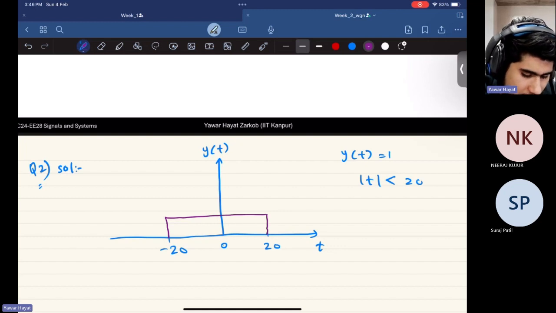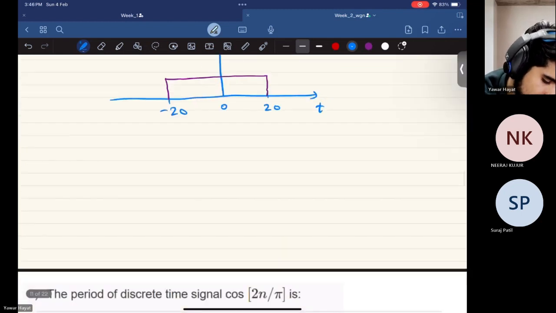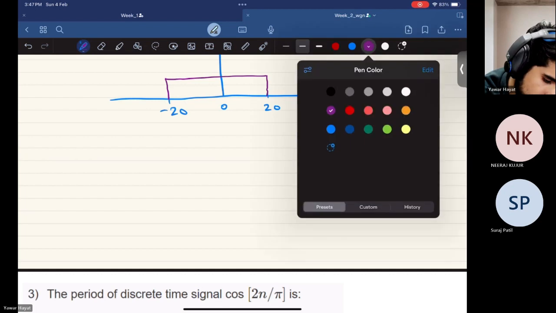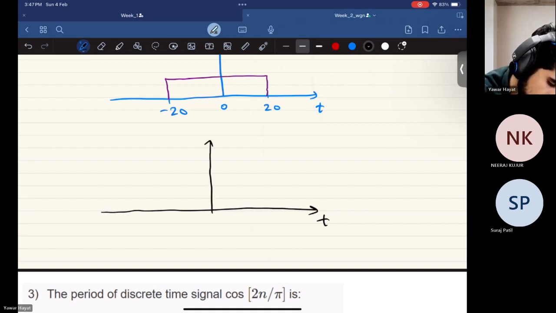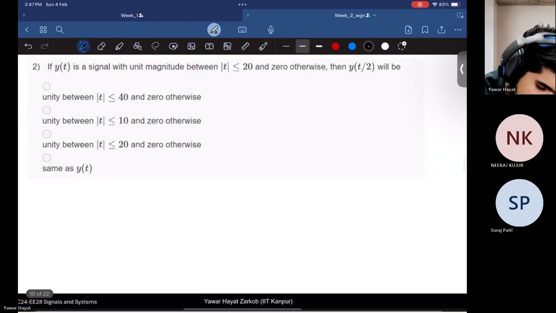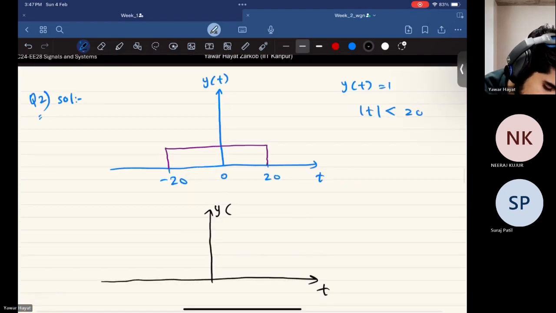Right? This is our y of t, and we are interested in finding y of 2t. Was it y of 2t or y of t by 2?